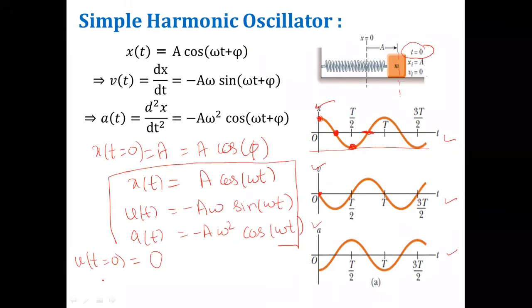For example, if I say that my t is equal to T by 4, from there itself I can get an idea in which direction I have to go. So I'll have sine of 2 pi by T multiplied by T by 4. T will cancel each other out. You will have sine pi by 2. And here you have a minus. So your velocity is going to be minus A omega, which is the maximum value of velocity.